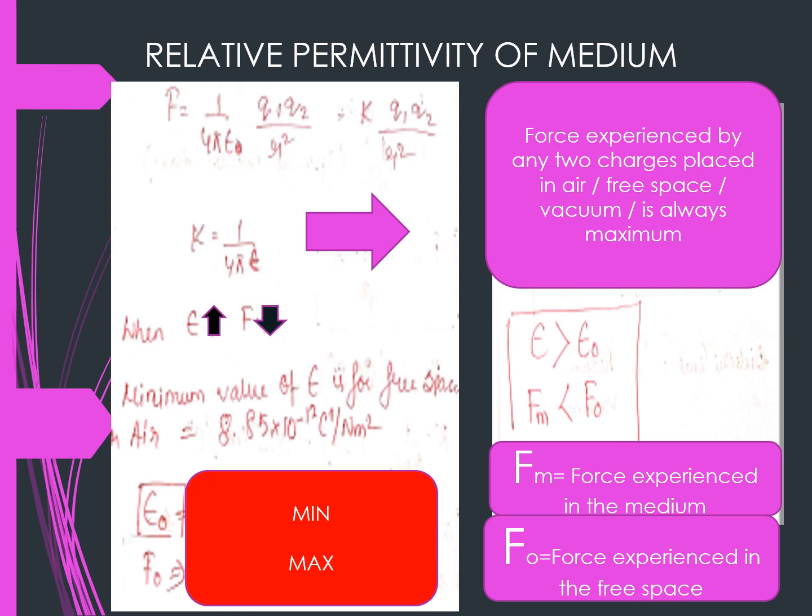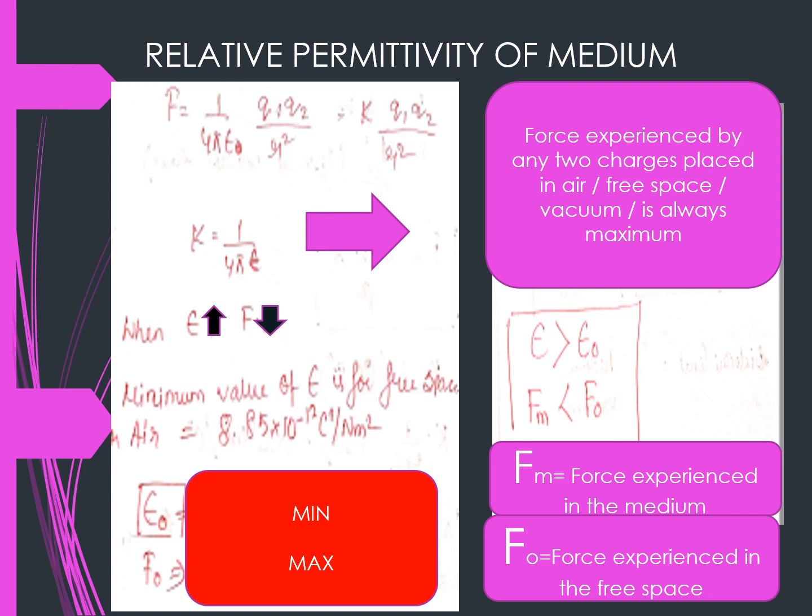Epsilon 0 is always minimum in free space, thereby the force experienced in free space will always be maximum. Whatever charge you take, if the charge is kept in free space or air, it will experience the maximum force.